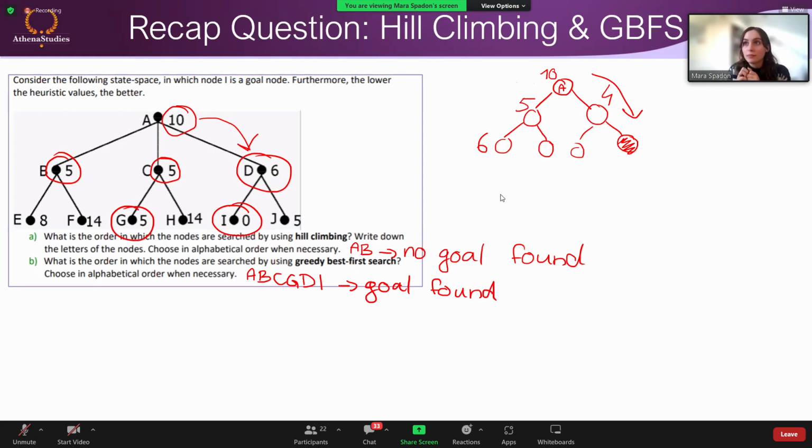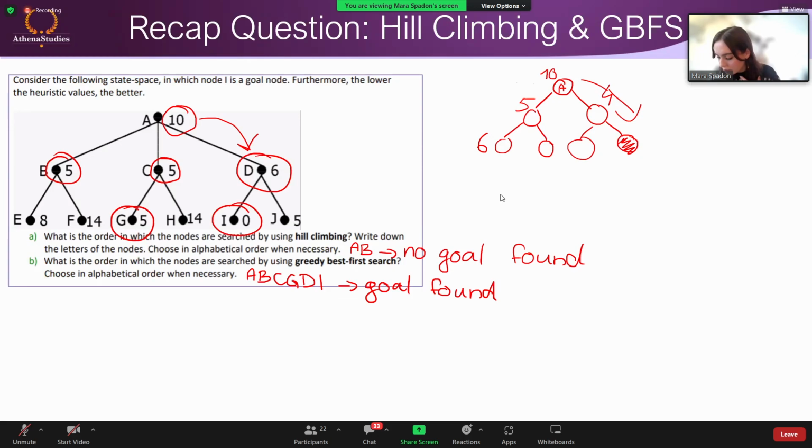I would say so, yes, because it is indeed optimal in our case. Let me check real quick, but it is indeed not complete because it will not find the goal sometimes. It could go down that branch and then not find it. If it goes down this one, then it could find it.